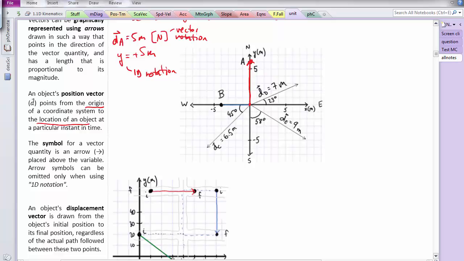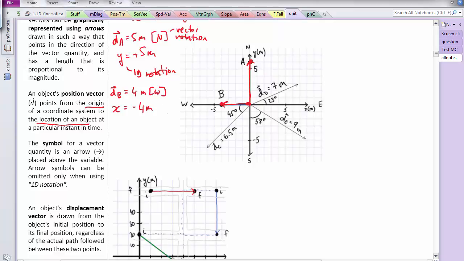Let's try another one. Point B is right here, and so the position vector would be like that. In vector notation, this is d B with a little vector sign, and this would be 4 meters west. In 1D notation, this vector is on the x-axis, so x is equal to, and because it's west, this would be the negative direction, so negative 4 meters.